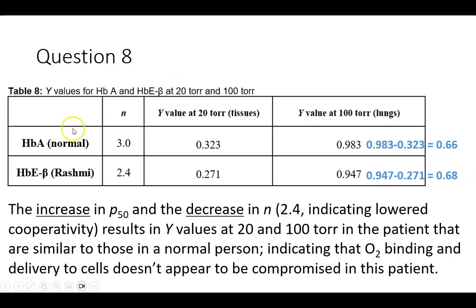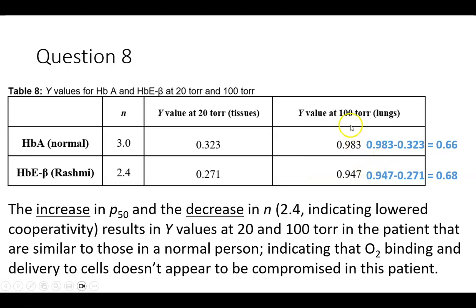If I go back to question 8 and I look at my Y values, we saw that Rashmi's N value is low. So when her abnormal hemoglobin binds, the cooperativity is not quite as good. Her P50 value is also a little higher, which means that her oxygen binding affinity for her hemoglobin is not as high.